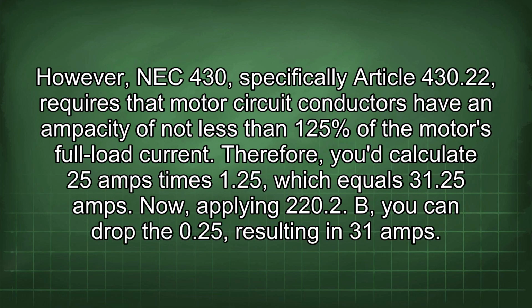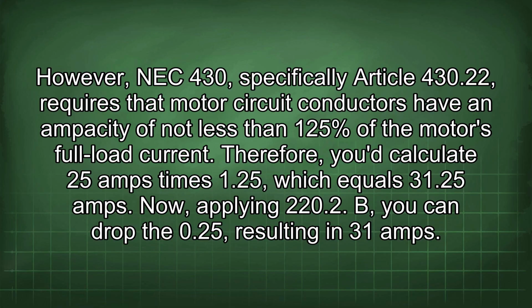However, NEC Article 430, specifically 430.22, requires that motor circuit conductors have an ampacity of not less than 125% of the motor's full load current. Therefore, you'd calculate 25 amps times 1.25, which equals 31.25 amps.